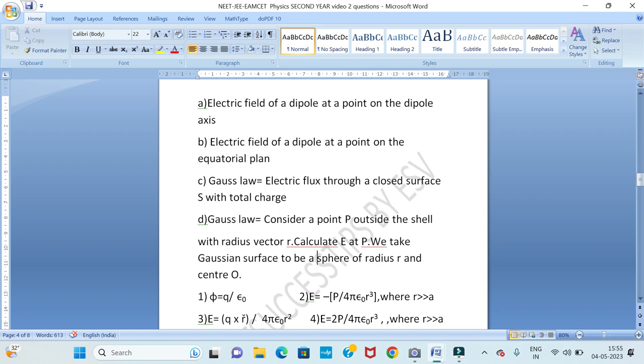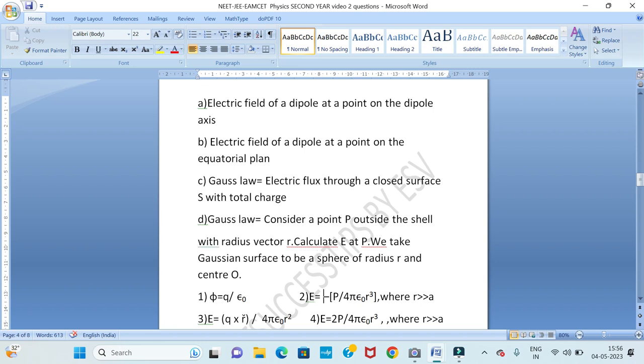So the electric field of a dipole at a point on the dipole axis is 2p by 4 pi epsilon 0 r cubed. On the equatorial plane, it is minus p by 4 pi epsilon 0 r cubed. At the equatorial plane your weight is very low, so that is why I am taking minus, like that you can remember.